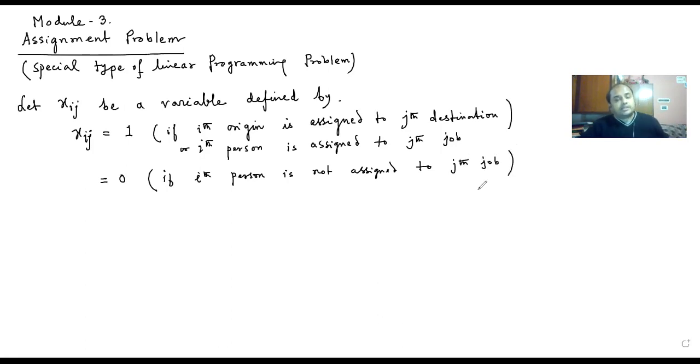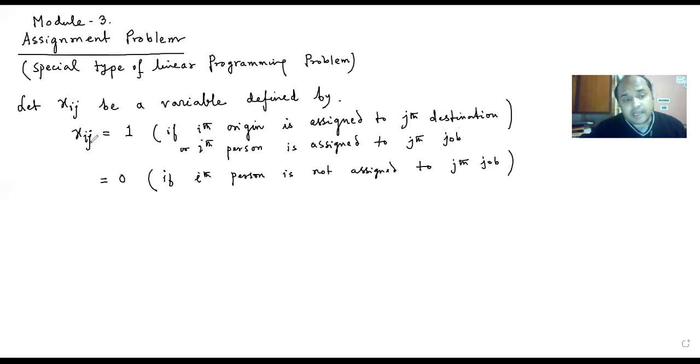This is a kind of problem where we consider a variable which we denote by xij. This type of variable can have only two values, one is 1 and another is 0. We consider the value of the variable to be 1 if we can assign the subscript i to subscript j. This subscript i may be an origin or maybe a person. This subscript j may be some sort of destination or maybe a job.